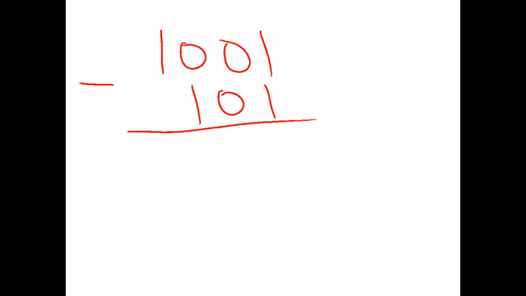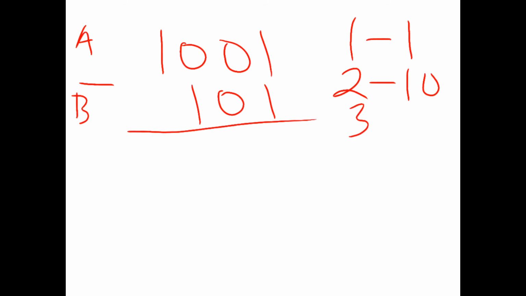This is number A and this is number B. So B needs to be subtracted from A. Just like in addition, we know that 1 in decimal is represented as 1 in binary, 2 in decimal as 1 0 in binary, and 3 in decimal as 1 1 in binary.